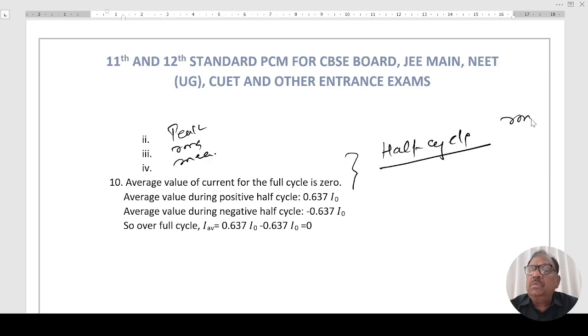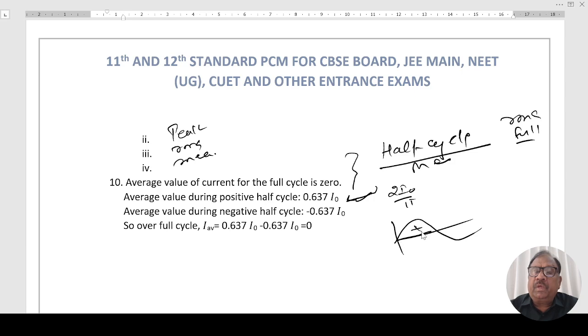RMS is for full cycle and mean is for half cycle. Average value during positive half cycle is 0.637 I naught, that is twice I naught over pi. And during negative half cycle, this is positive half cycle, this is the negative half cycle, minus 0.637 I naught. So over full cycle it becomes 0.